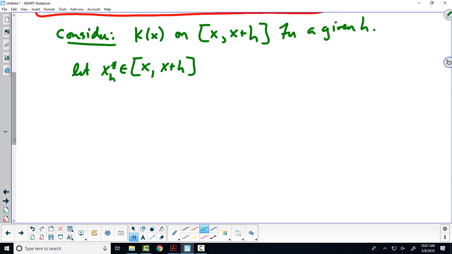So as h changes, my choice of x h star will change. Okay. So here's my question to you. What is the limit as h goes to 0 of k of x h star? Because we're going to need this idea at the very end of our proof. So I want to get the idea out of the way first so you're comfortable with it.